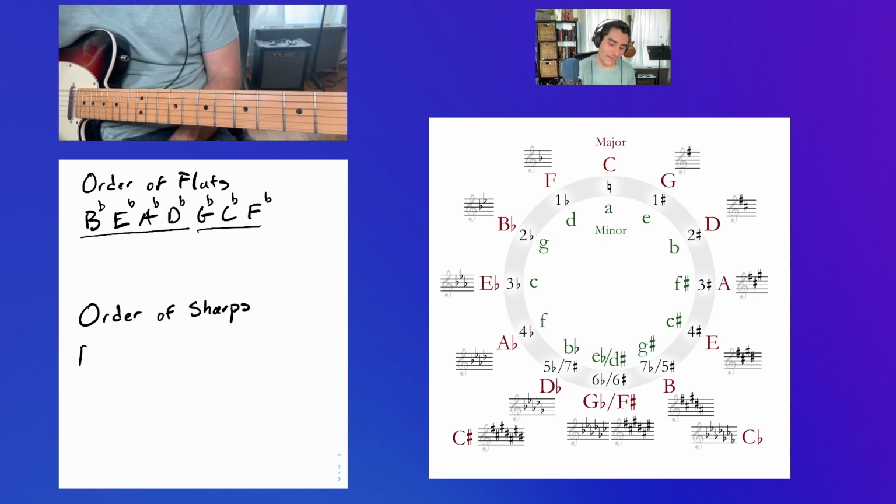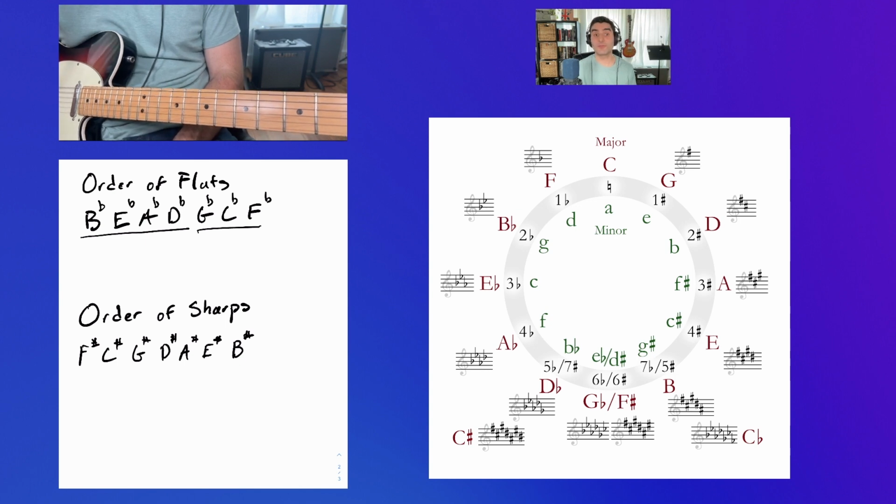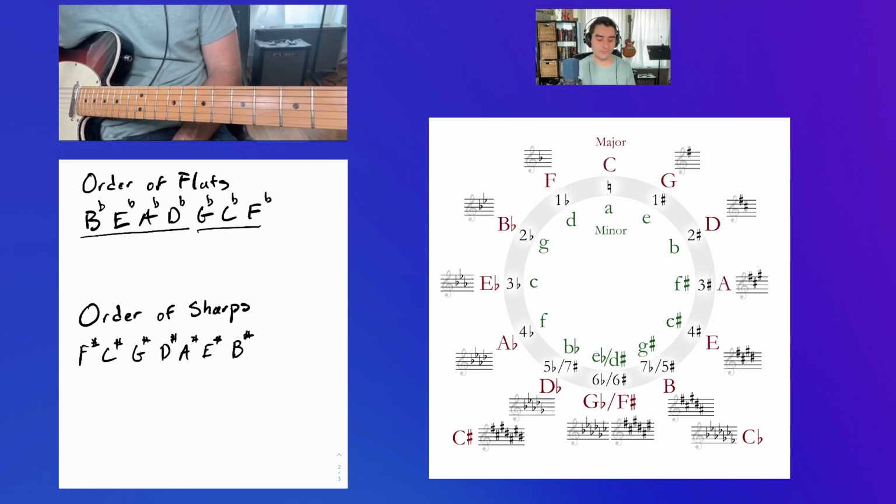So it's going to be F sharp, C sharp, G sharp, D sharp, A sharp, E sharp, and B sharp. And yes, I am fully aware that there's not really such thing as E sharp and B sharp.